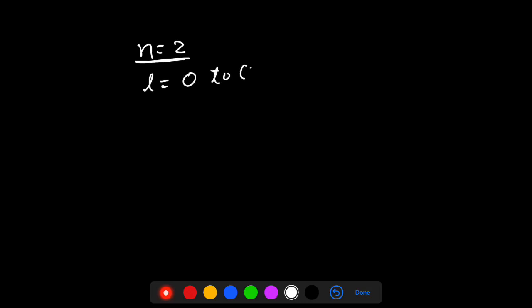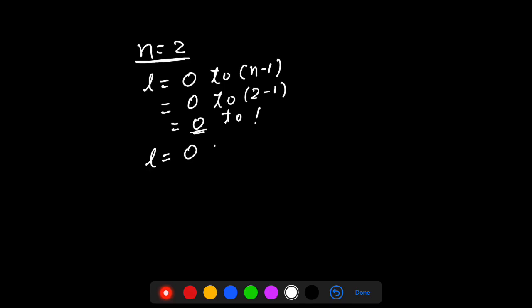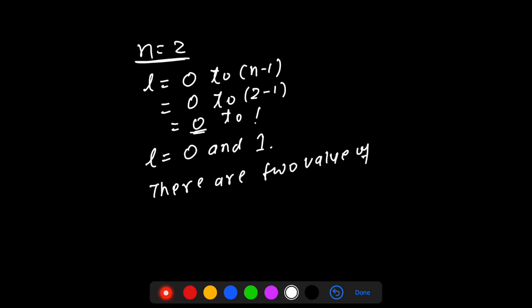So, for example, suppose we are talking about the second shell, n equals 2. So the value of L should be from 0 to n minus 1, right? Or 0 to, what is the value of n over here? It's 2. So 0 to 2 minus 1. So 0 to 1. All the integers from 0 to 1 are just 0 and 1, right? So the values of L are 0 and 1. So how many values of L do we have?